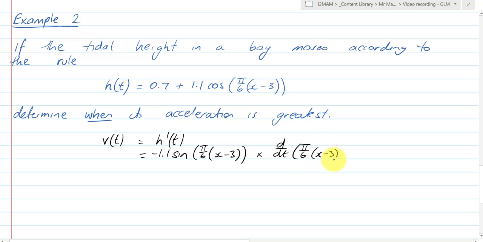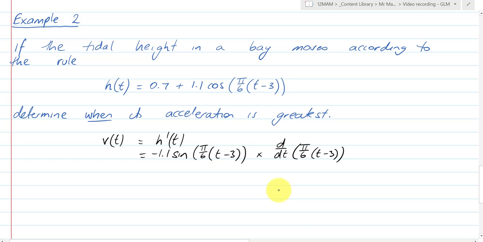I've written derivative as d, so I'm going to leave it as d by dt. This should say t, because I'm doing it with respect to time, so let's change these to t also. So that's my velocity with respect to t.